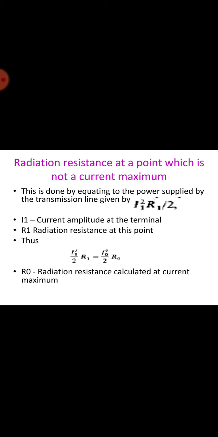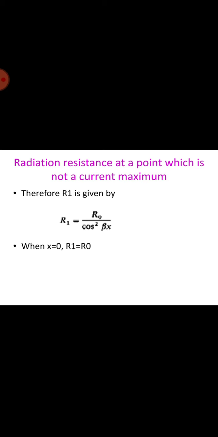The current I1 at a distance x from the nearest current maximum will be given by I1 is equal to I naught into cos beta x, where I1 is the terminal current and I naught is the maximum current. Therefore, R1 can be expressed as R1 is equal to R naught by cos squared beta x.